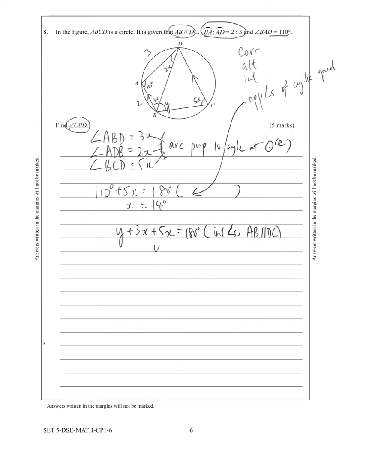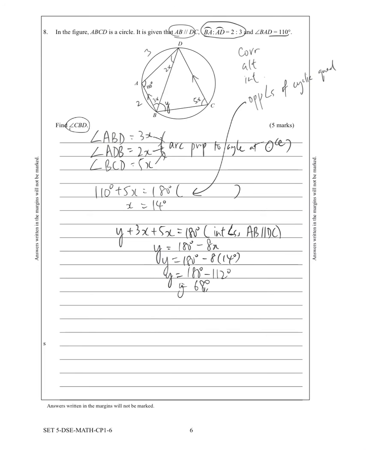We can find exactly what y is, because 180 minus 8x, and x is only 14, so we will be able to solve what y is. 8 times 14 is 112, so that makes the answer 68 degrees for the angle y.